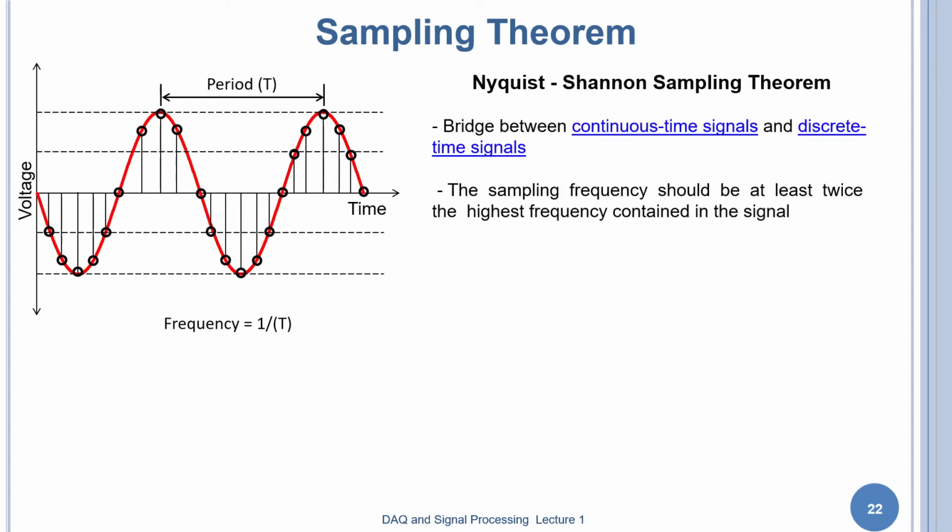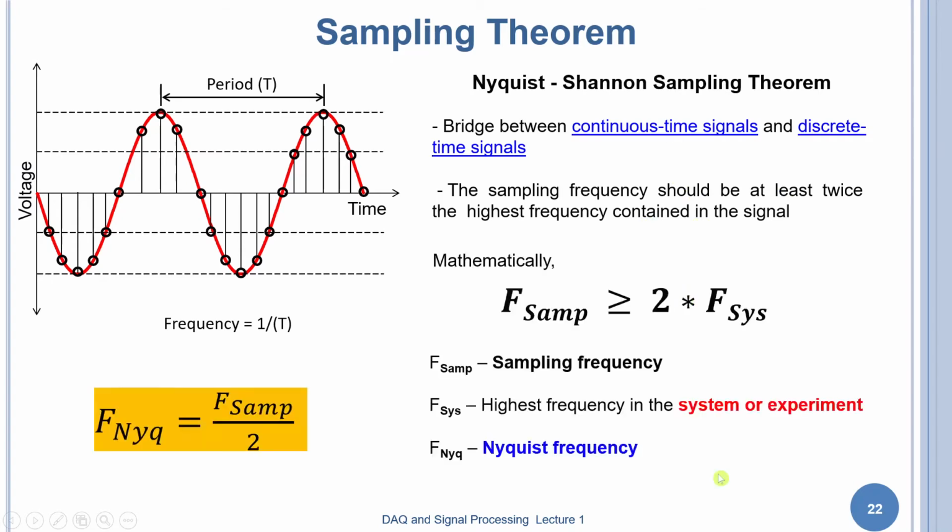The theorem suggests that your sampling frequency should be at least twice the highest frequency content in the signal. Mathematically, your sampling frequency should be greater than or equal to twice your signal frequency. You can also define the Nyquist frequency as your sampling frequency divided by 2.